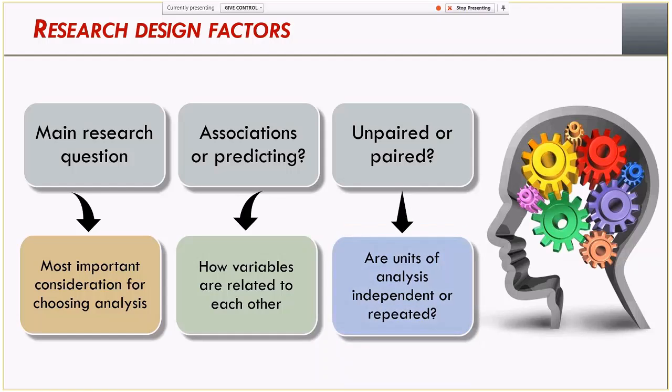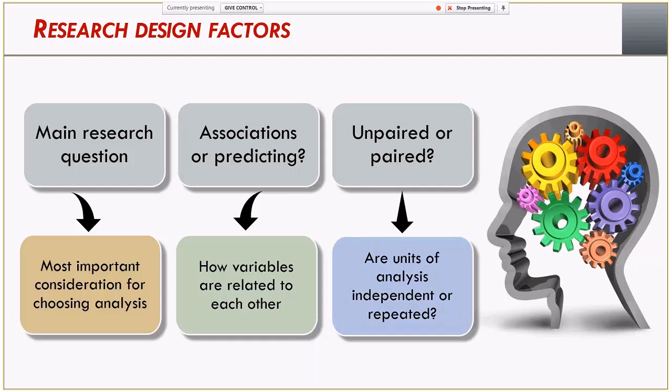And also, are the data that you're dealing with unpaired or paired? I'll be talking about this in a few slides here, but are you looking to compare groups and conditions, or do you have data that repeatedly assesses individuals on a specific variable? So kind of like a baseline, follow-up time 1, follow-up time 2.